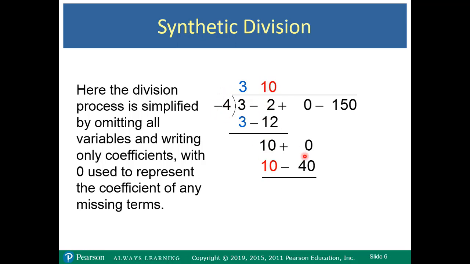Then negative 4 times 10 gives us minus 40, and then we subtract, and we drop down, and then we get 40. So 40 has to go up here, and we need a 40 here to get rid of, again, because we're subtracting. Negative 4 times 40 equals minus 160, and then we get our remainder. So we get the same result. These are the coefficients of the quotient, and this is the remainder.